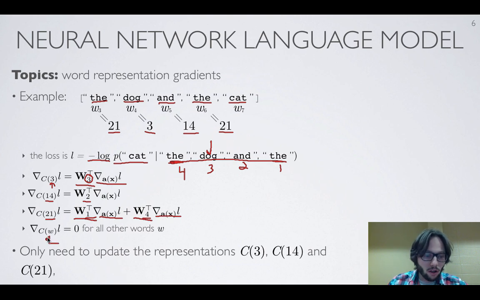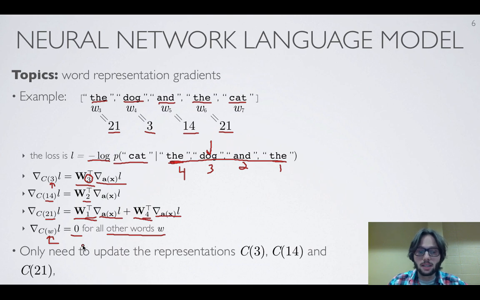And then for all the other words in our vocabulary, their gradient for this particular training example would be 0. And so it means that for the vast majority of word representations, their gradient for that training example is going to be 0. So we won't actually have to update them.